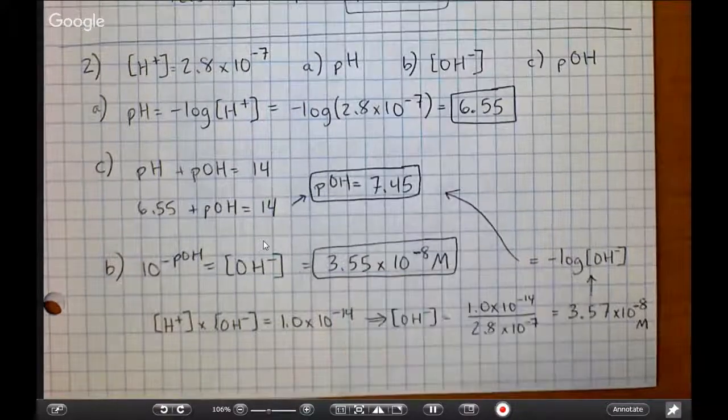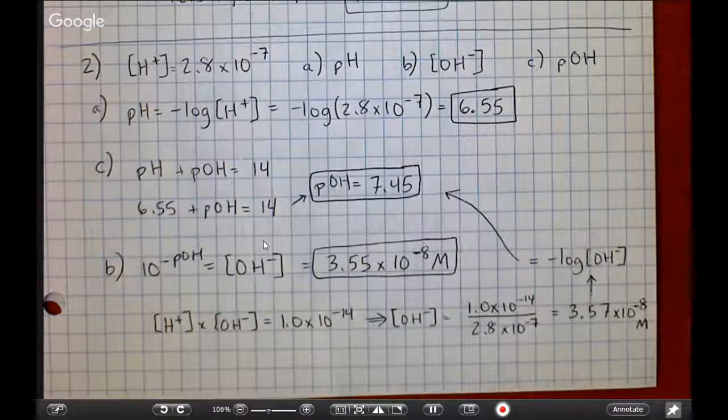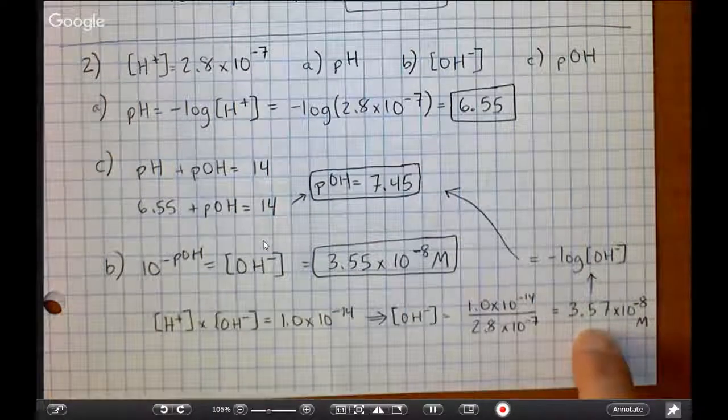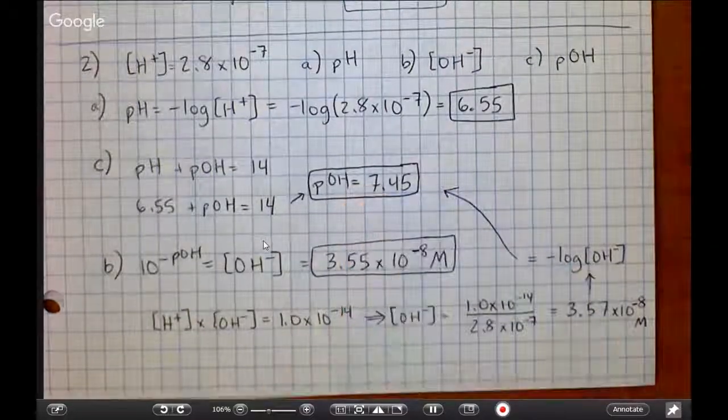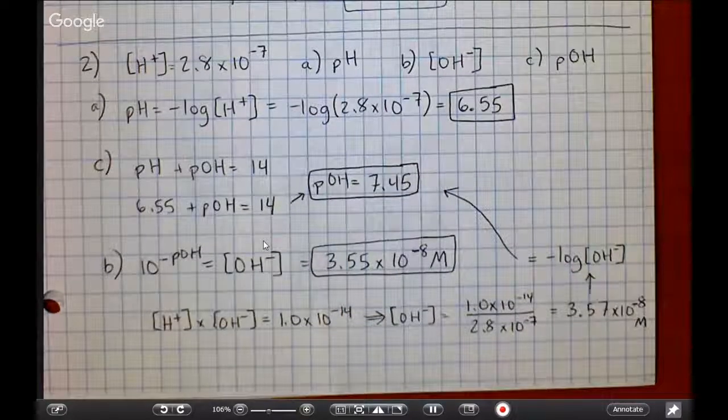Going the other way, I realize it's 0.0000002 off. I don't care. It's a really small difference, minute. When you're at 10 to the minus 8, it's not a big difference. Take the negative log of that value to get pOH, and that would get you 7.45. So again, multiple ways of solving the problem.